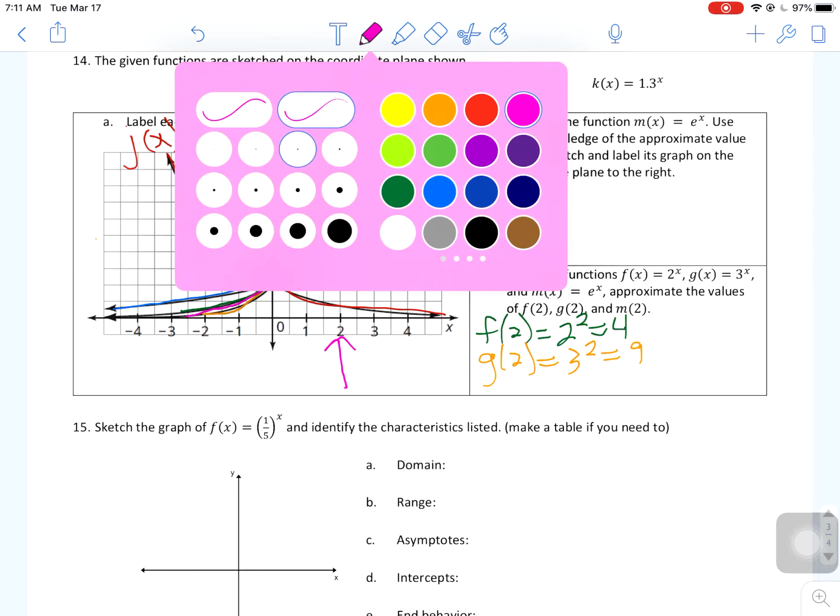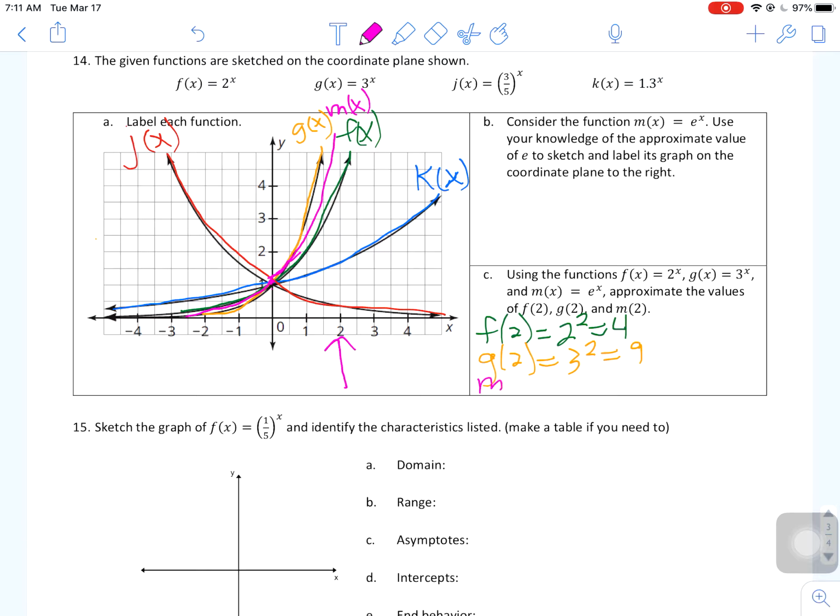And then m of 2 is approximately 2.7 to the second. So if I grab a calculator, 2.7 to the second is about 7.29. So I'll just say about 7. And again, I just did that plugging into the calculator. And if I was looking at my graph, I could get those same values approximately.